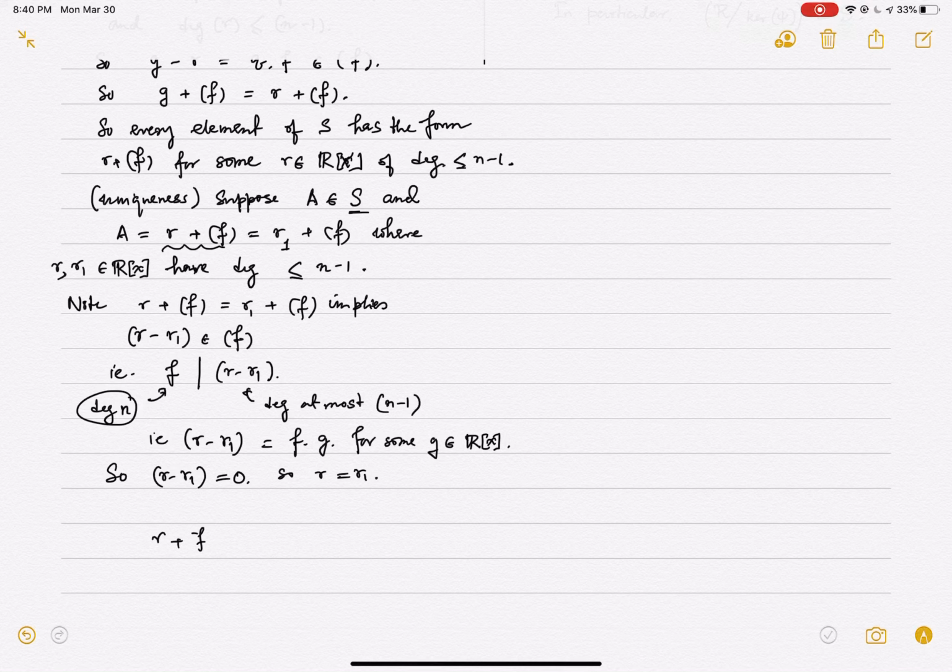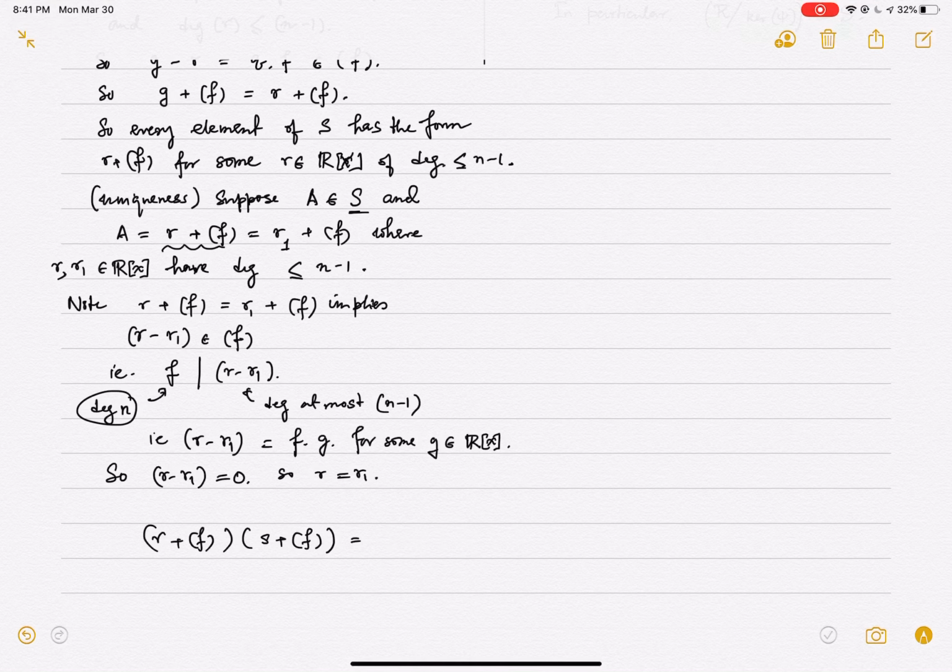And when you add these, you just add them normally, and when you multiply one of these guys with another such guy, you get this. And it might happen that this now has degree more than n, but then you divide by F and take the remainder again.